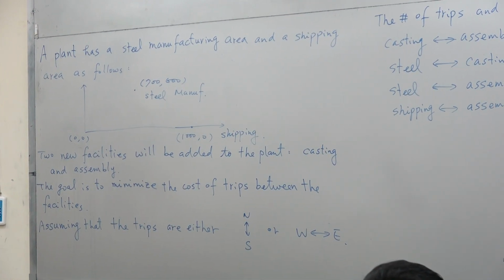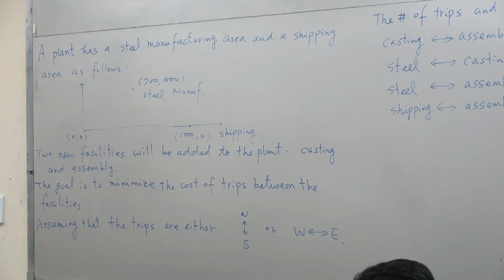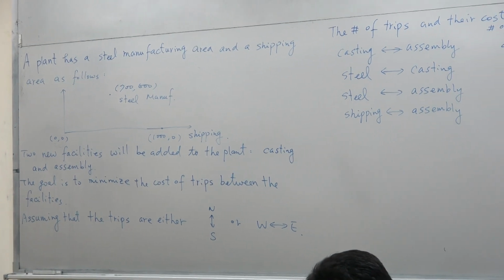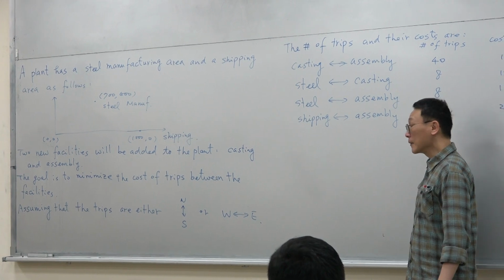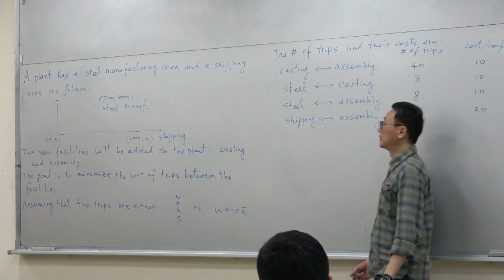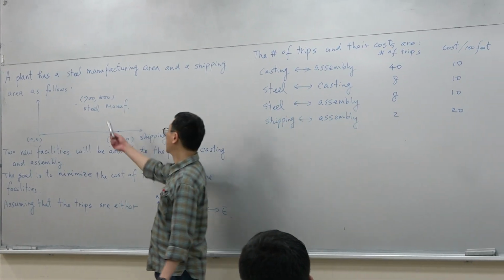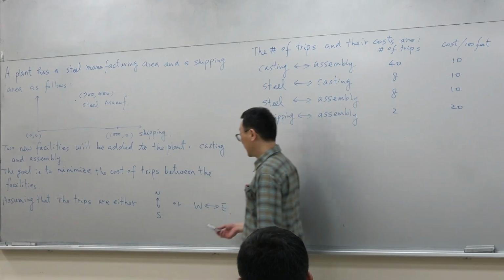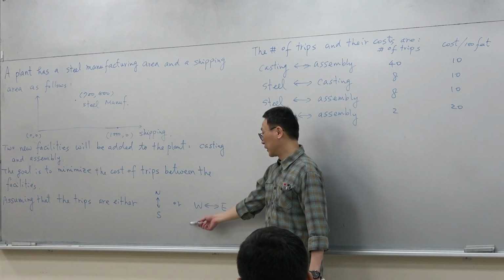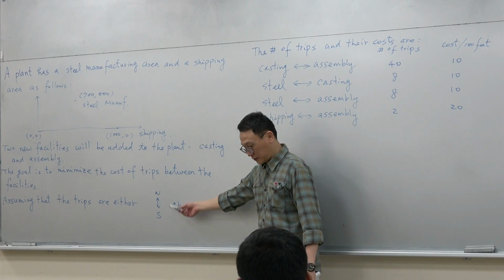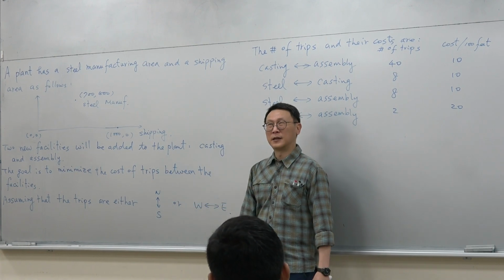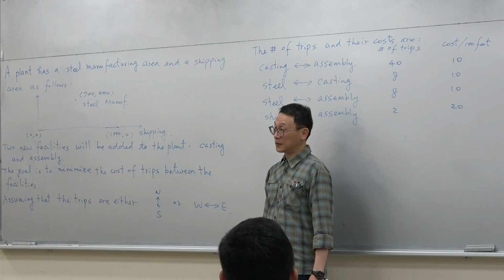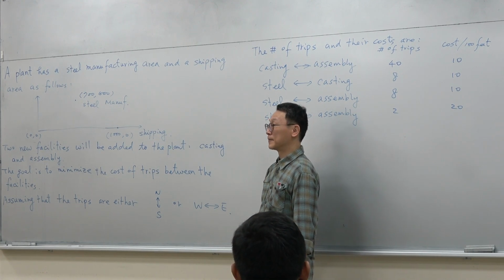But we still want to determine the exact location of the facility. And assume the trip, for example from the steel to shipping, is only north to south, south to north. It's the rectilinear movement.